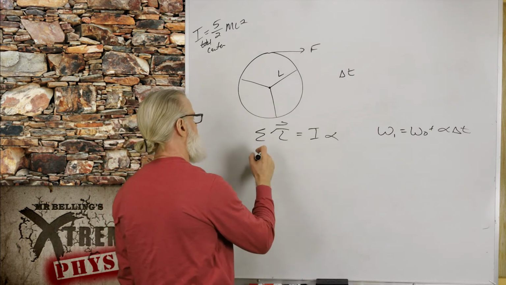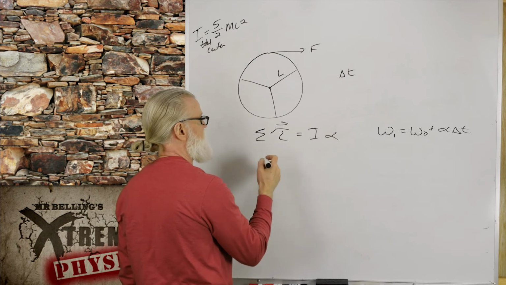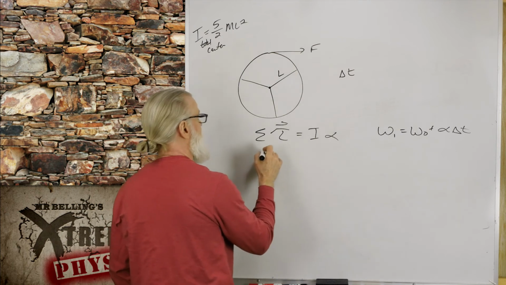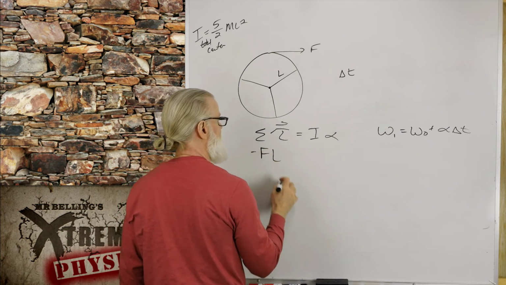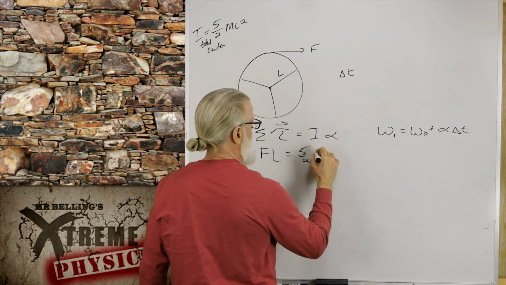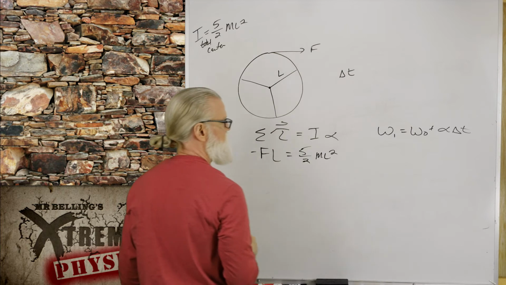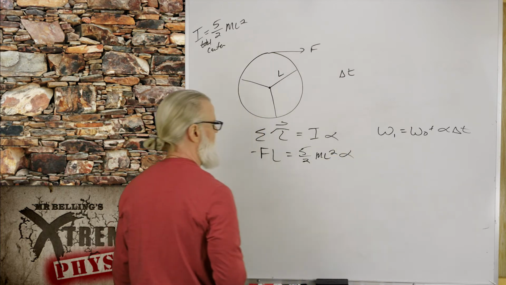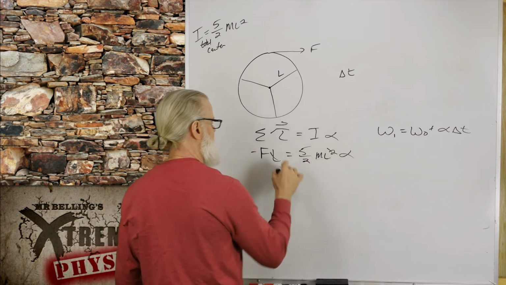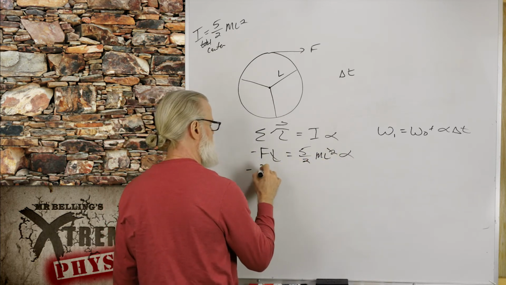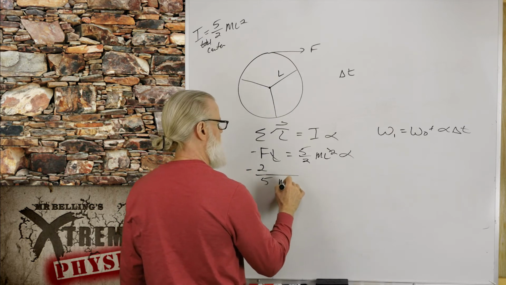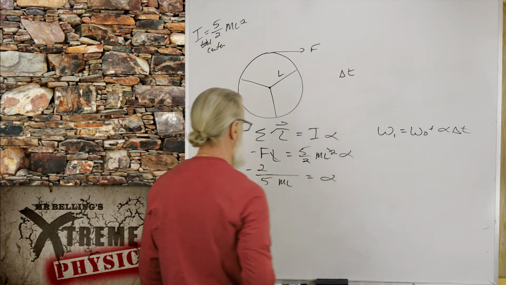Torque. The way I drew it, although they didn't specify the direction, that is a negative torque. That is negative FL equals the moment of inertia, which is 5/2 ml squared, times alpha. Let's solve for alpha. We end up with minus 2/5 F over ml equals alpha.